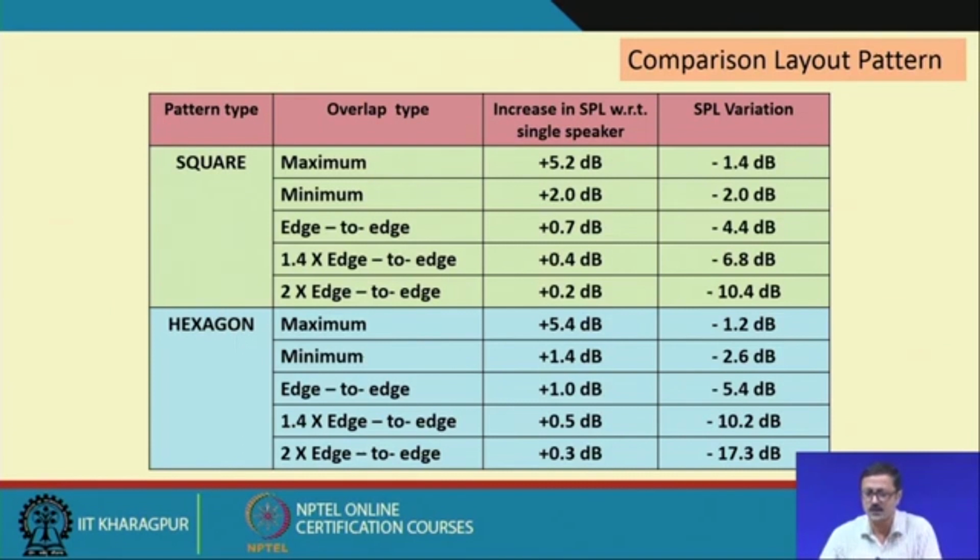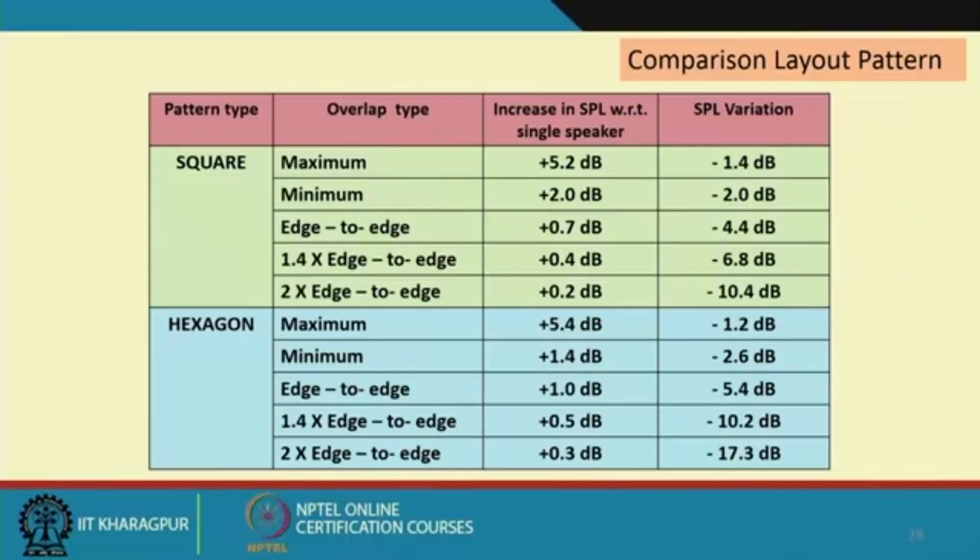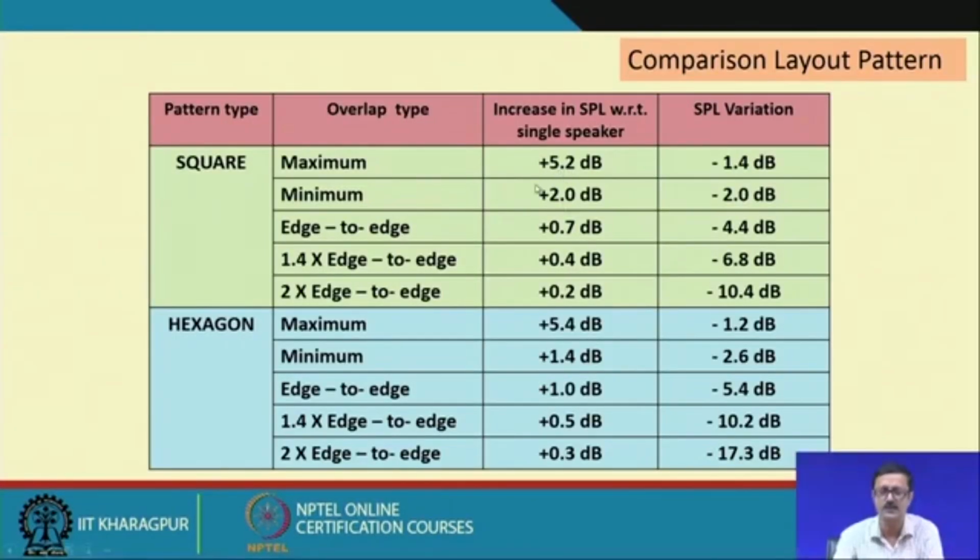So, here is a comparison table for the square and the hexagonal. These are the overlap types: maximum, minimum, edge to edge, 1.4 and 2 times edge to edge. Those are the increase in SPL level compared to a single speaker. If you go for edge to edge or maximum, what are the increments? For the maximum, definitely the increment is very high, because there is a lot of overlapping.